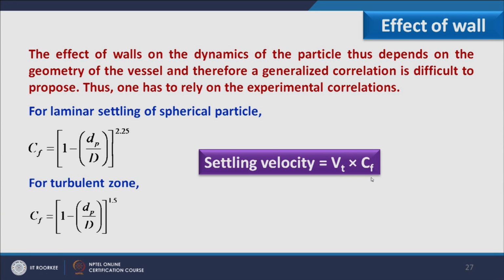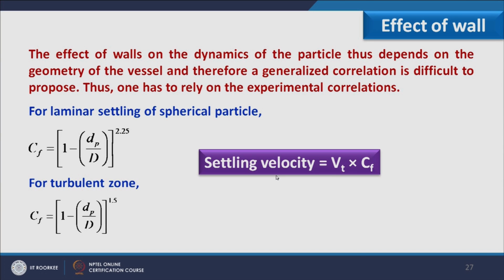The multiplication of these two gives the actual settling velocity of the particle considering the effect of the wall. When we have to consider an irregular particle, we can replace dp with dv, that is the volumetric diameter. So, in this way we can study the effect of the wall.